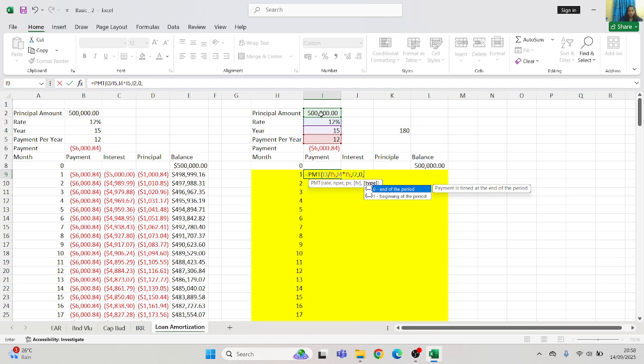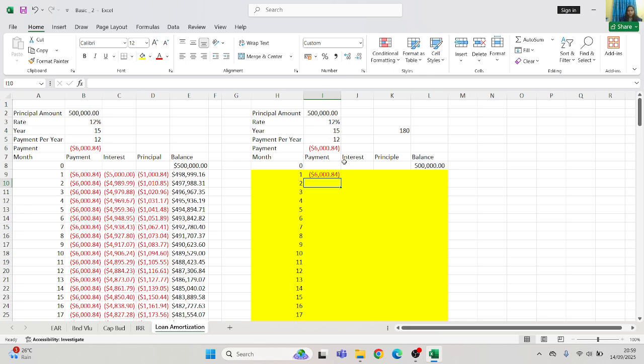For this end of the period we have to type tab. Then we close our bracket and press enter. Selecting the I9 cell and drag to 180 to autofill.